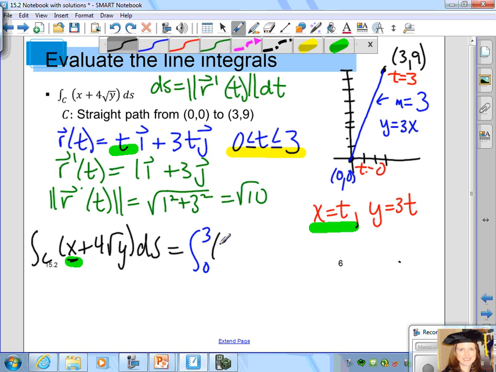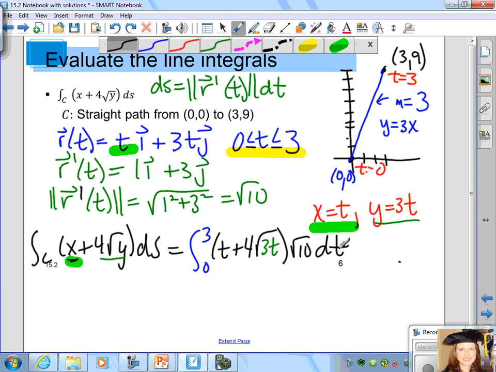So it's going to be t plus 4 square root of y, and we've already defined y to be 3t, so it's 4 times the square root of 3t. And we're going to replace ds with the magnitude of r prime of t dt, so it's the square root of 10 times dt.